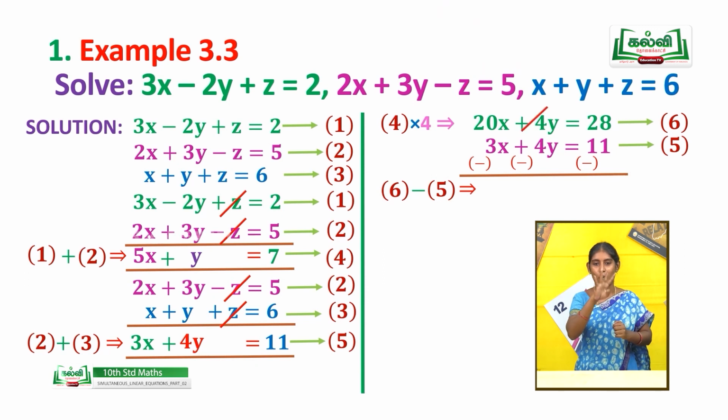Now you have to add. 20x minus 3x becomes 17x. 4y and 4y cancel. Similarly, after the equal sign, 28 minus 11 is 17. So, very nice. We got 17x equal to 17.